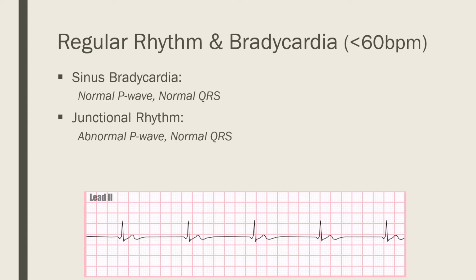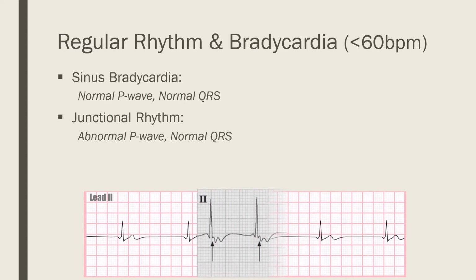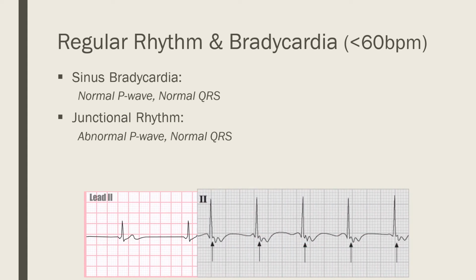You know that in the junctional rhythm, the pacemaker is from the AV node. So either there is an abnormal P wave that precedes the QRS complex or follows the QRS complex as shown in this strip, or there may be no visible P wave.